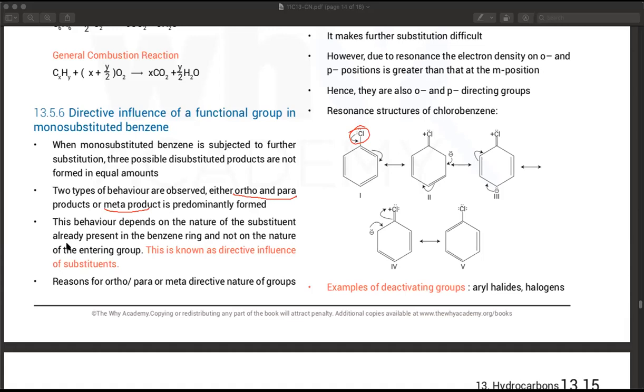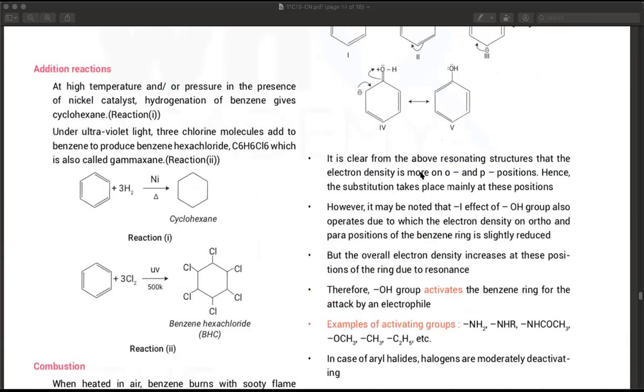So it's always either orthopara or meta. That depends on the nature of the substituent already present, because that particular substituent has a directive influence. Where that directive influence is coming from is basically the resonance structure that it forms.